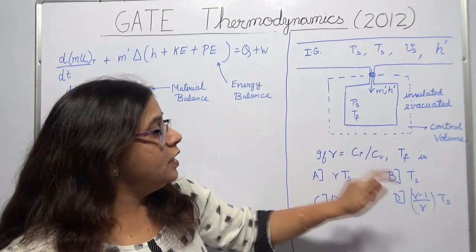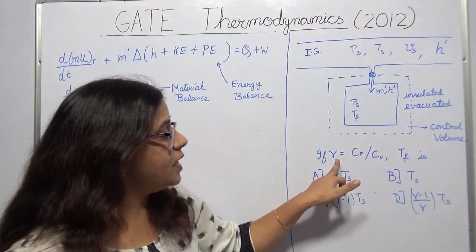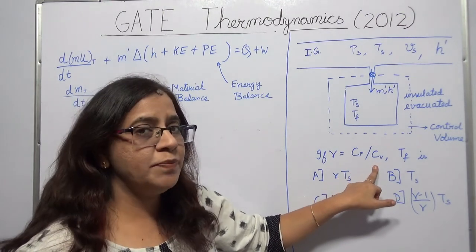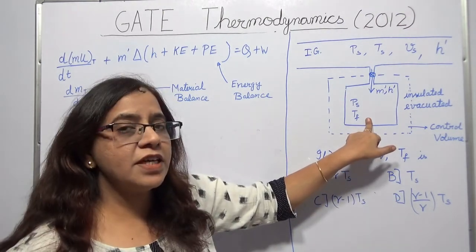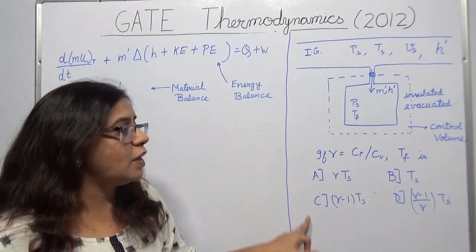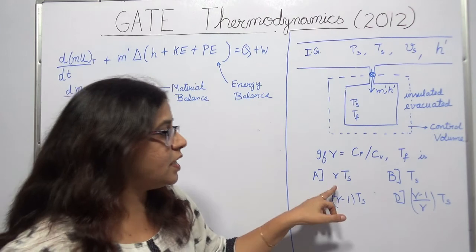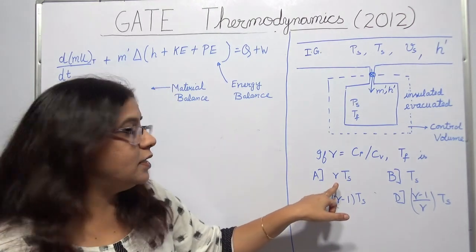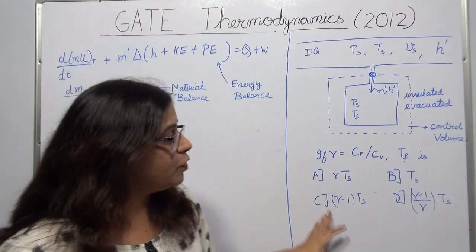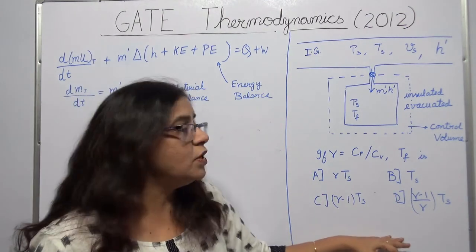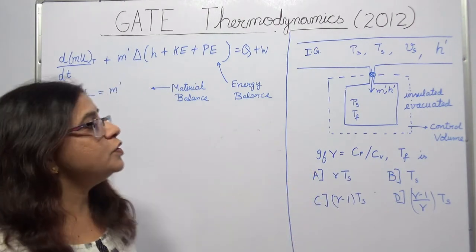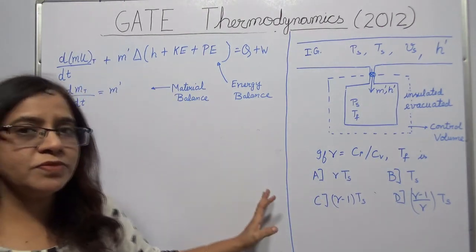They have said that you can take gamma as a ratio of the two specific heats, Cp by Cv. If the final temperature of the gas in the cylinder is Tf, then you have to find out what is Tf equal to in terms of gamma and the supply line temperature. Okay, so there are four relations which are given and you have to find out what will be Tf equal to. Fine. So this was briefly the problem statement.